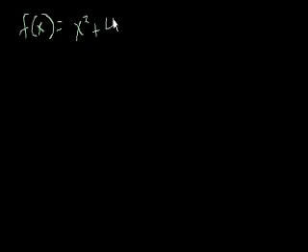So let's review that a little bit. If I had f of x equal to x squared plus 4x plus 4, and I asked you, where are the zeros or the roots of f of x? That's the same thing as saying, where does f of x intersect the x-axis? It intersects the x-axis when f of x is equal to 0, right?